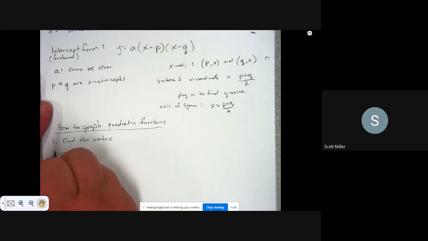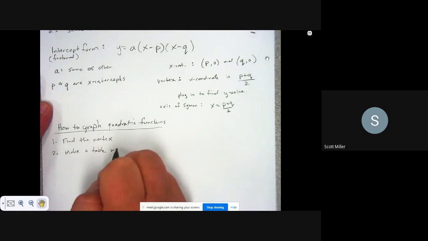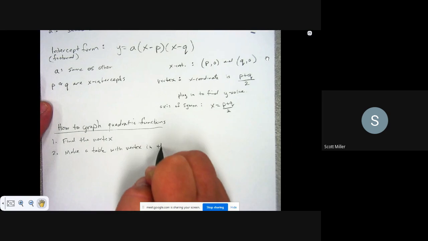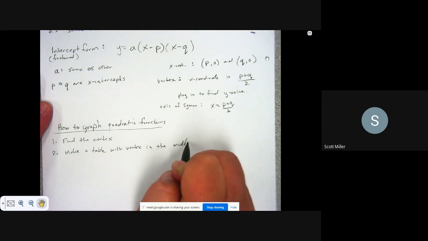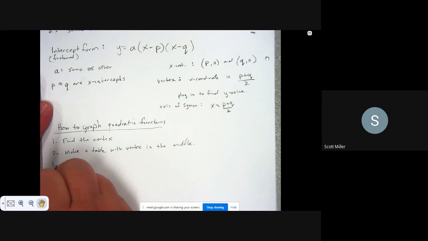And then we go on to the second step, which is you're going to make a table with the vertex in the middle. Okay? Then what?